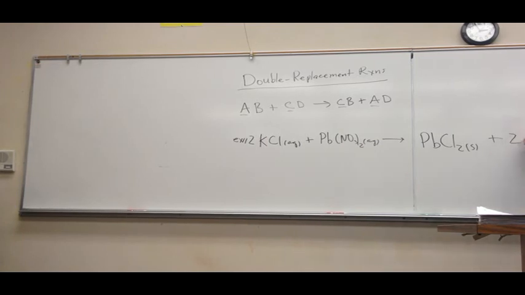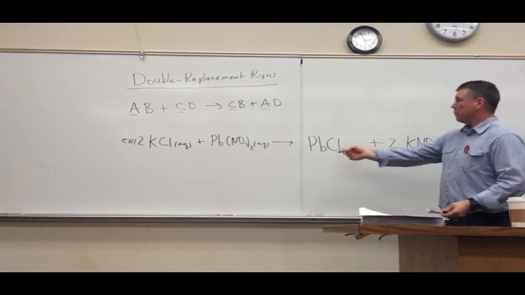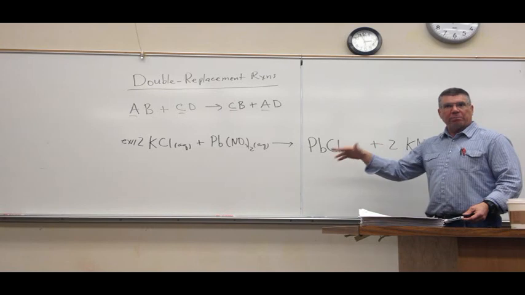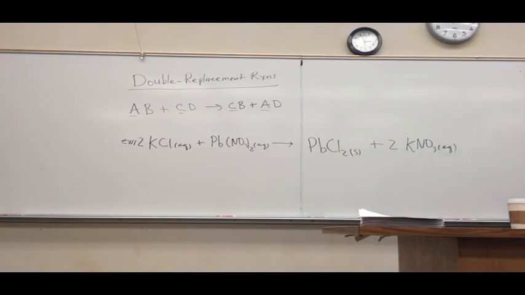We're going to have 2 of those. And I think that's balanced together. So this is an example of a double replacement reaction. One of the things you'll be doing is what we just did, predicting the products, and then balancing it, like I did.